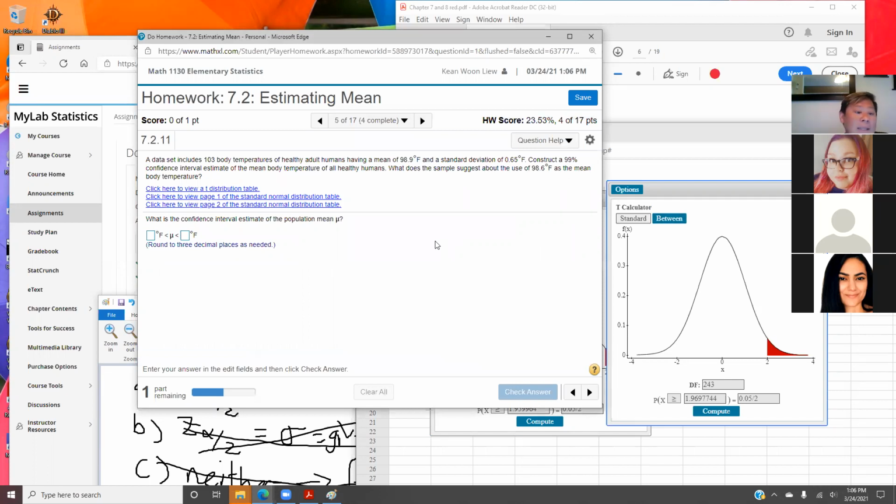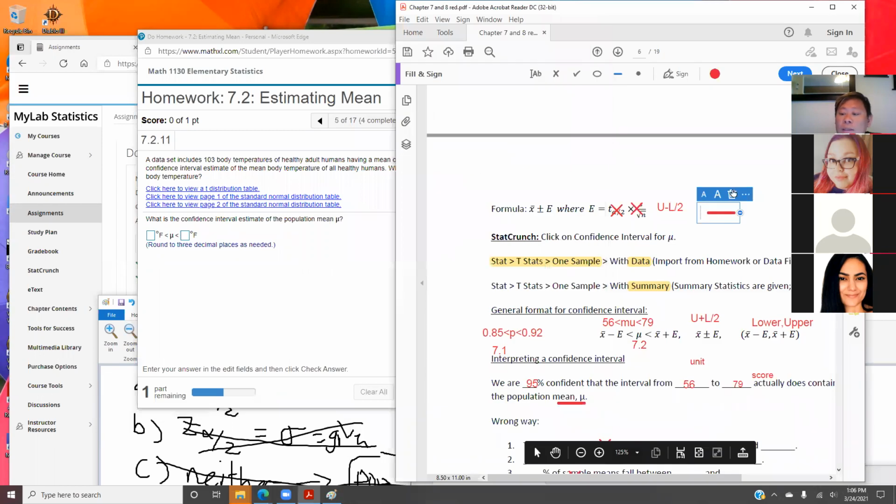This one is asking us to find the confidence interval. To find the confidence interval, we got two choices: either from data or from summary.